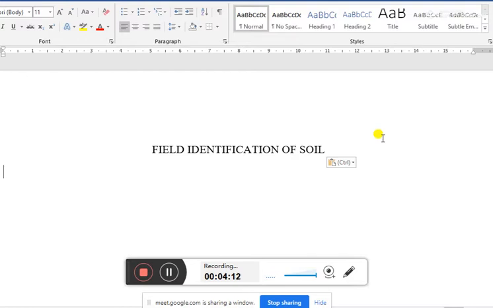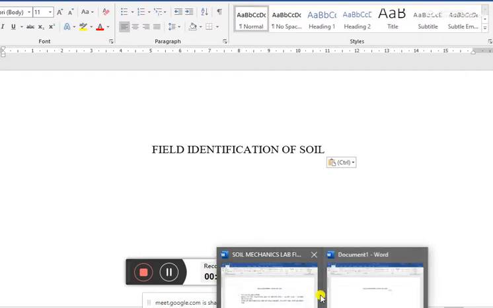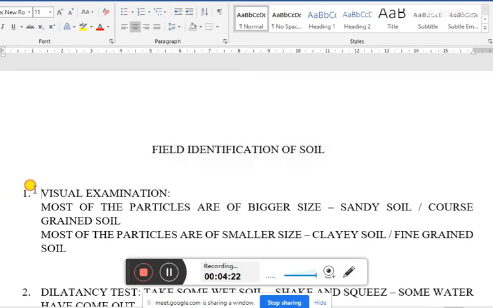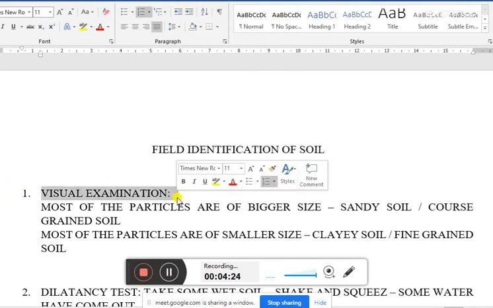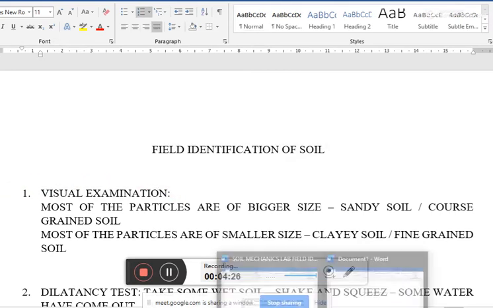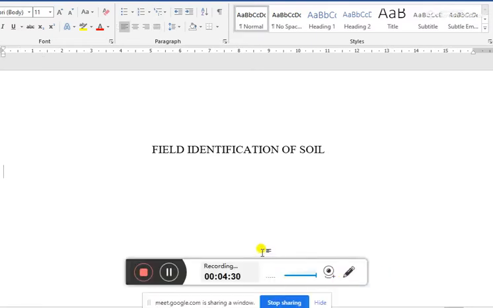There is less use of apparatus, instruments and laboratory test materials. The first test is visual examination.